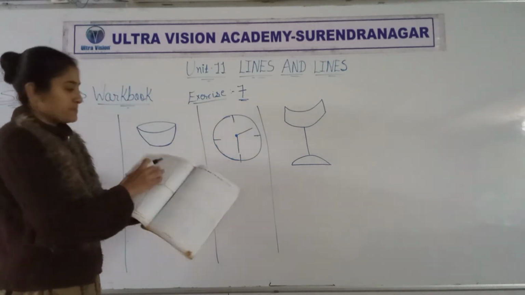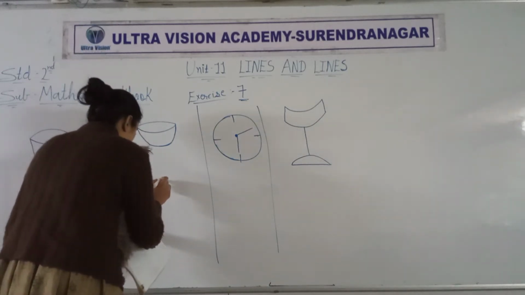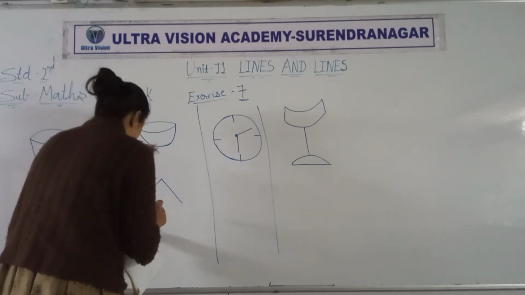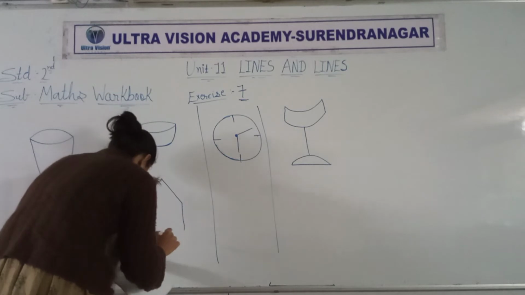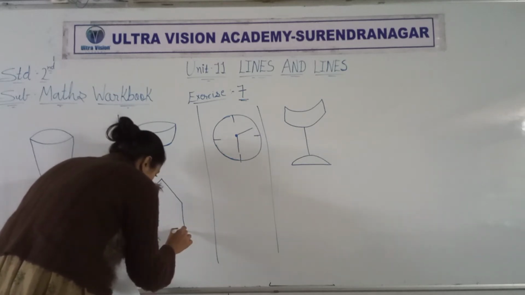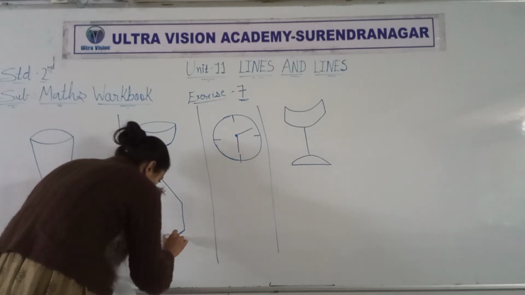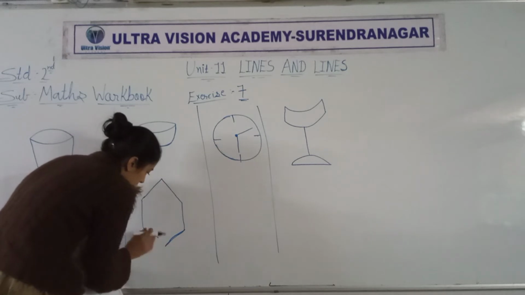Let's make this shape by using the lines. First we have to use here a slanting line, two slanting lines, right? Again we have to use here a standing line. Then we have to use here a slanting line. Again a slanting line. You can also use a scale. Okay? You have to draw using a scale.